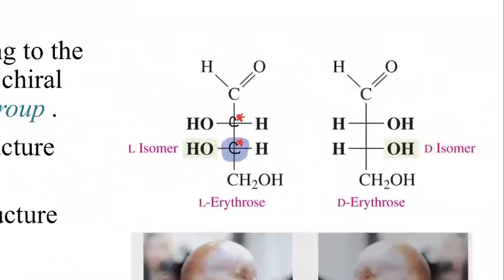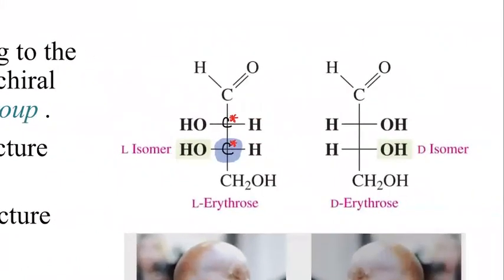The D isomer is going to be the mirror image. So remember, these are enantiomers of each other. Look. The chiral centers are reflecting each other. So these are 2 enantiomers. Look at the molecule on the right. The OH is pointing towards the right, meaning, for those of you that speak Spanish or know Spanish, towards the derecha.